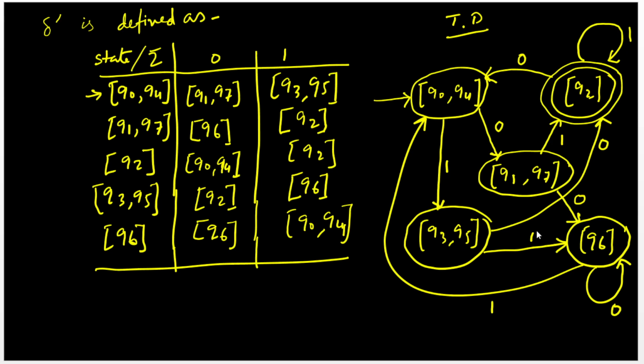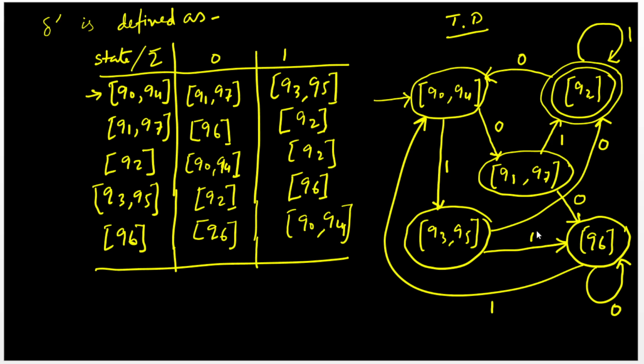Then we repeat this procedure. We construct pi 1 from pi naught by checking whether states are in the same equivalent class, by taking all the inputs. That means for any two states of a particular subset, if they are in the same equivalent class of k after taking the symbols, then they will be in the same equivalent class of k plus 1.